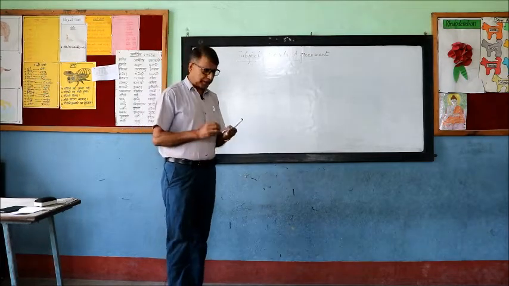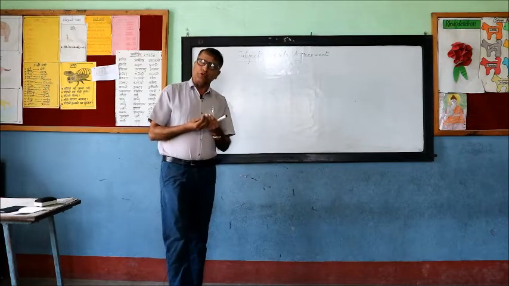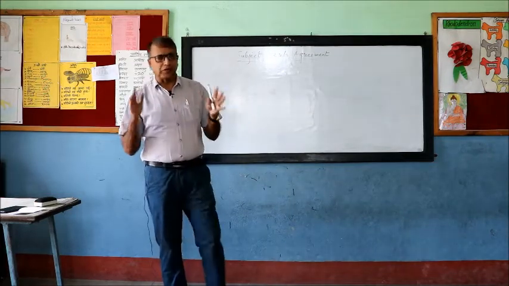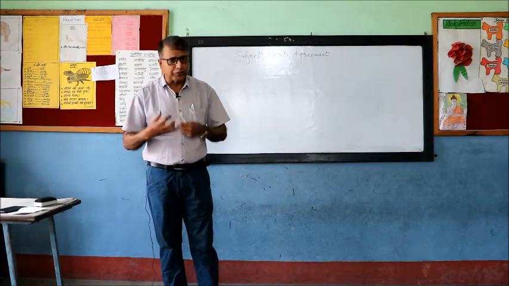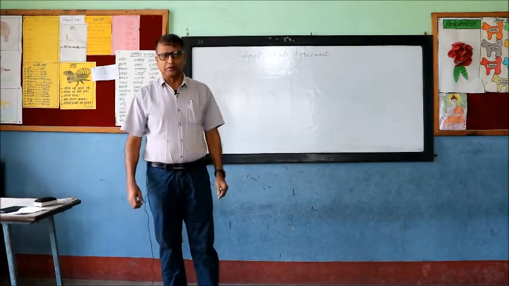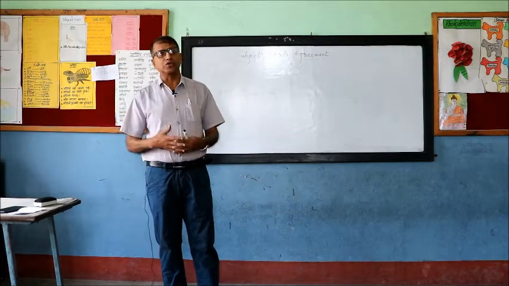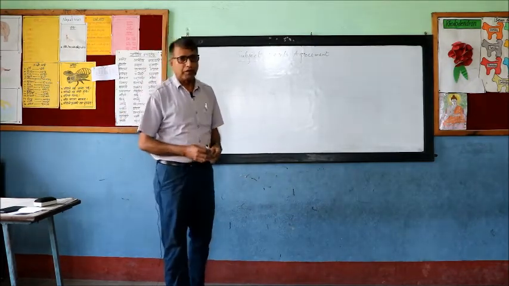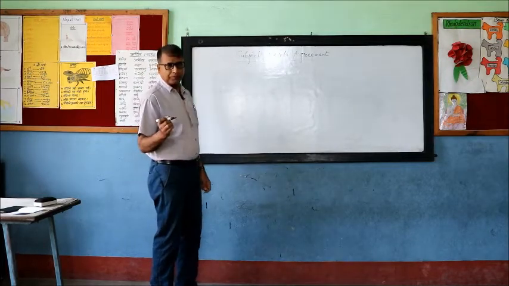And if there is oneness in the collection, then we have to use singular verb. And if we have to think about the individual members of the collection, if there is no oneness in the collection, then we have to use plural verb. Let me clarify with some examples.